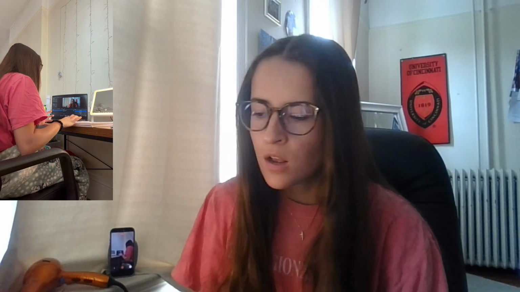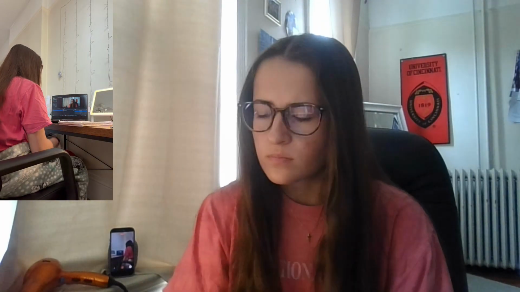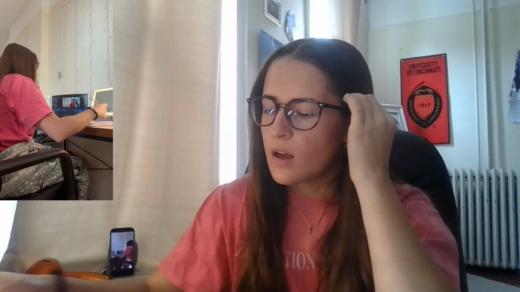That is what your bulk phase is. This is where ethanol, acetaldehyde, and hydrogen are all mixing together. I've represented that by a square, but it won't actually be a hard cutoff. It's just an area far enough away.